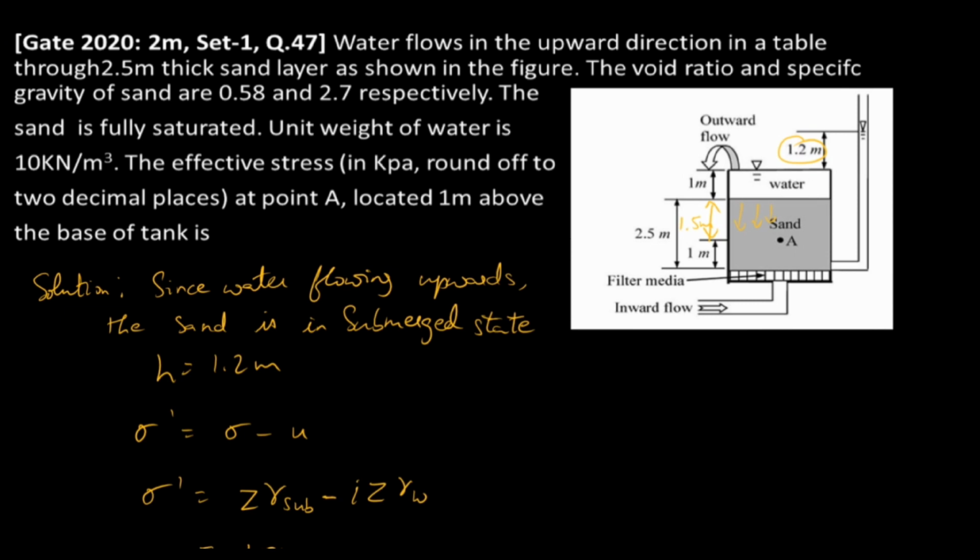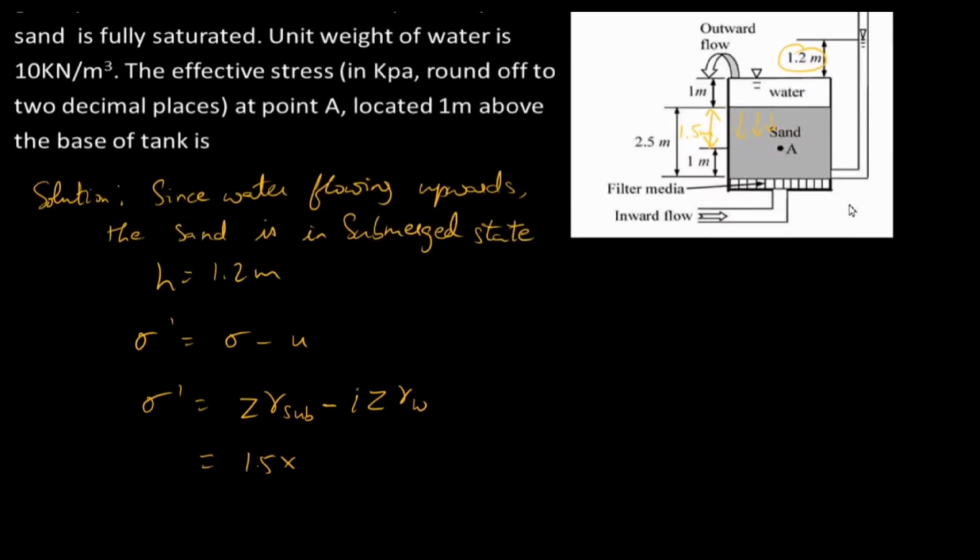Have they given any submerged unit weight of the sand? The void ratio and specific gravity. They haven't given the submerged unit weight, so we need to calculate it. Minus i, which is H by L, into Z into gamma W.